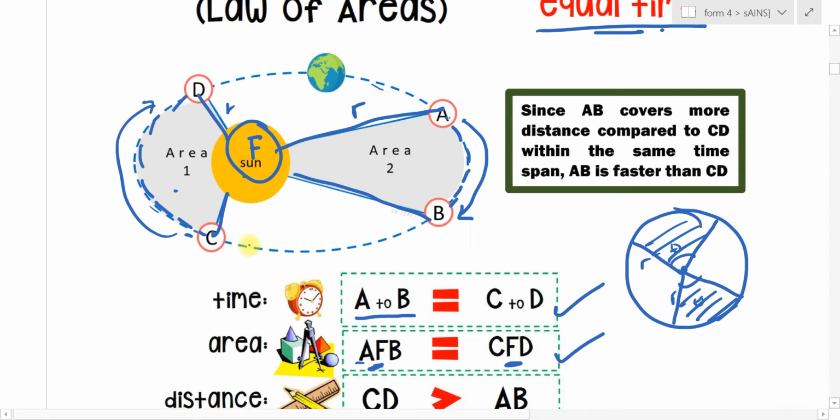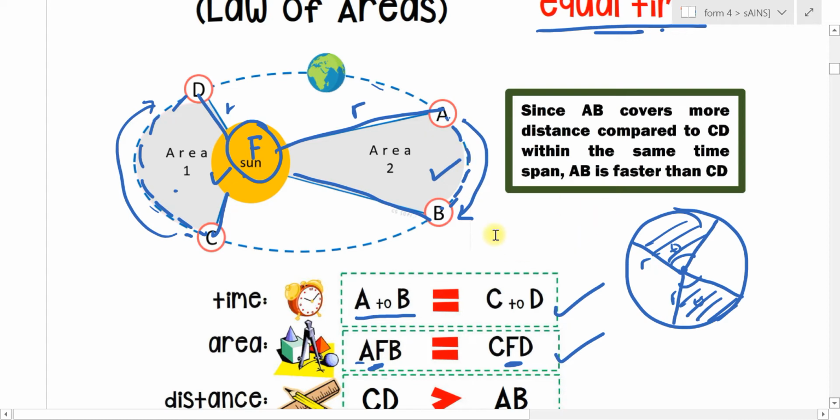Okay, jadi the time taken for the Earth or any planet to move from A to B is also equal to the time for the planet to move from C to D. So time A to B equals C to D. That means area 1 is equal to area 2.